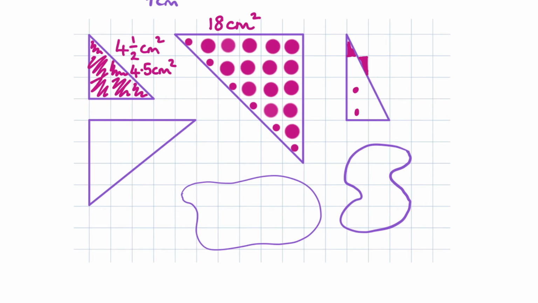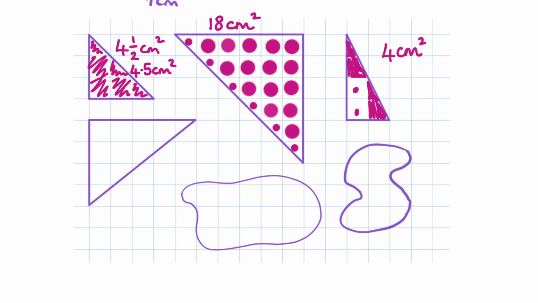So we can add the bit that I've just shaded in up there to the part of the square there, and that makes a complete square. And we've got the same here, that bit and that bit make a complete square. So what we've got is 1, 2, 3, 4 complete squares there. So 4 square centimetres.